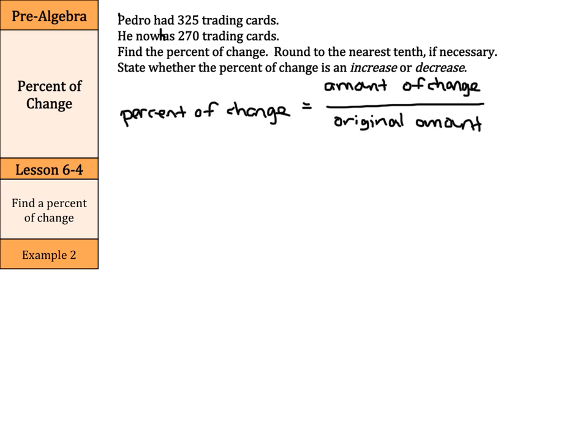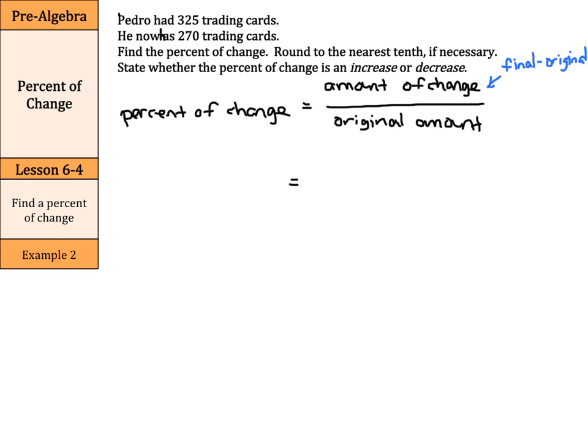And so, it is important to know that for this amount of change, we're looking at the final amount minus the original. In the previous example, we showed this step by step, but now we can start to kind of combine some of these things.